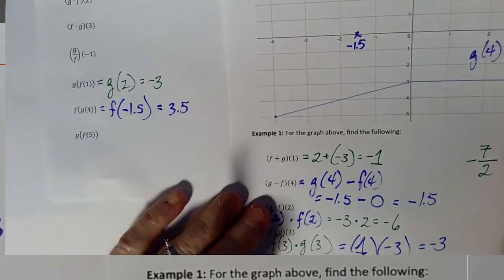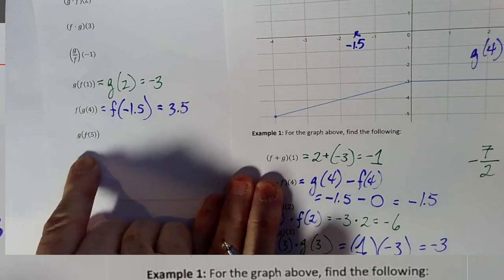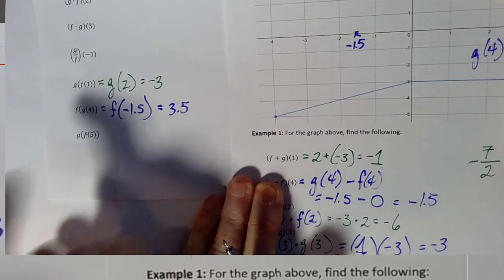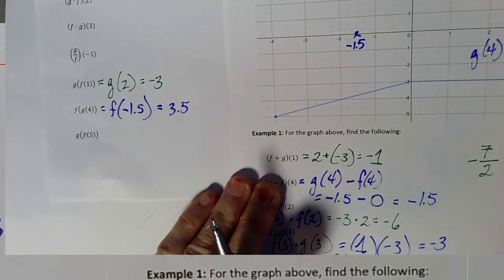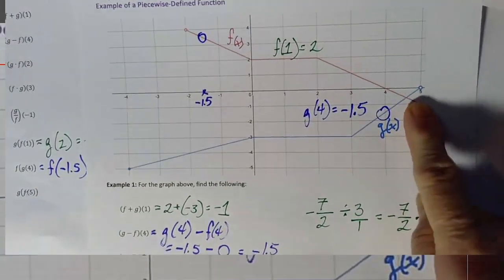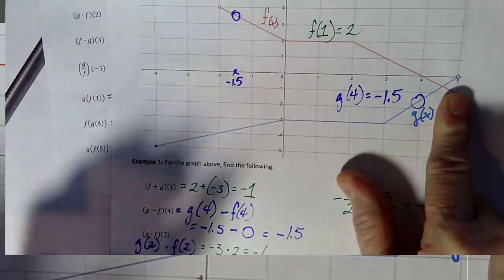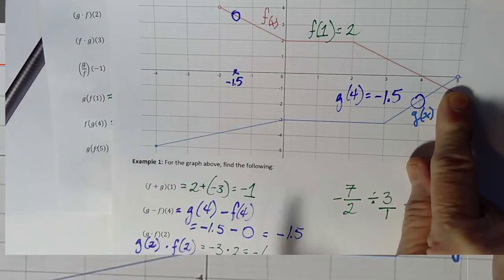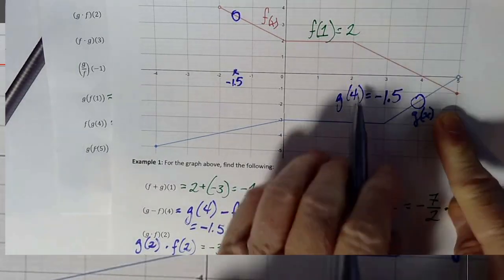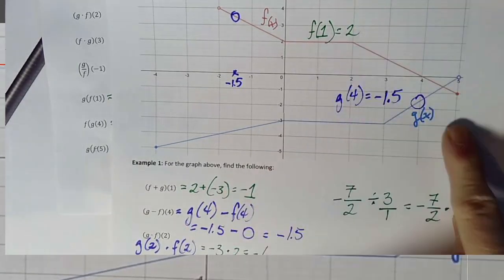Finally, we're going to find g of f of 5. So we're going to start with x equals 5. Here's x equals 5. And we want to evaluate f first, because f is inside. So that means we're going to look at the red graph.